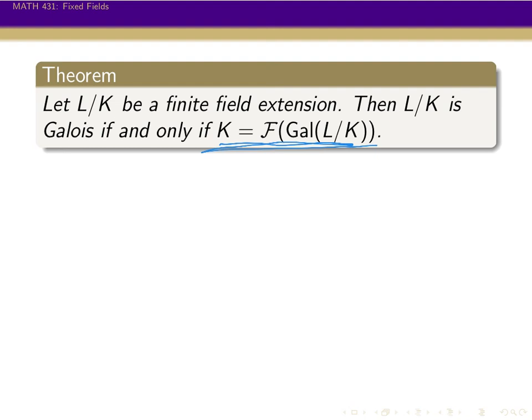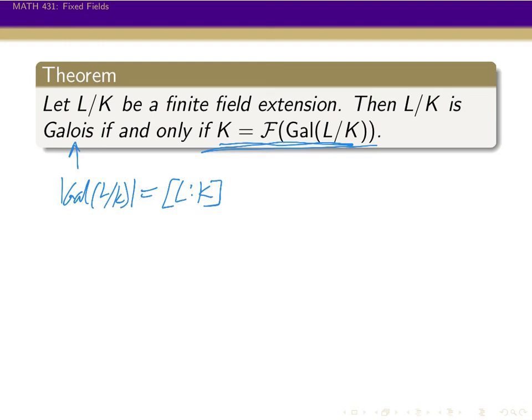And if that is true, then we have a Galois extension. Remember, this means that the size of the Galois group of L over K is equal to the degree of the extension.